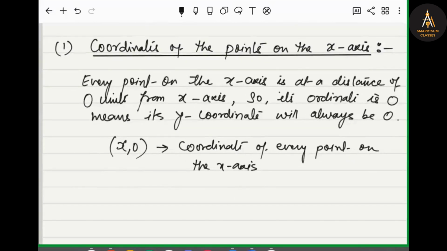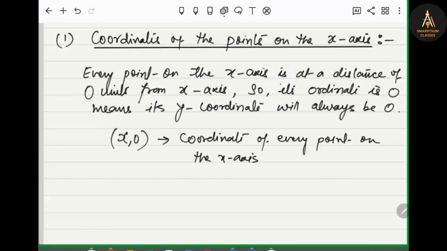Okay. So if there is any point which is lying on the x-axis, its ordinate is 0. Ordinate is 0 means its y coordinate will be 0, right? Because the distance of this point from the x-axis is always 0. And this distance of the point from the x-axis is the y coordinate. Is that clear?